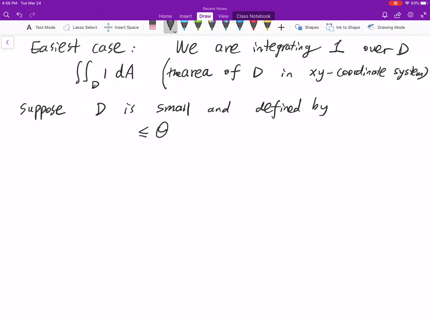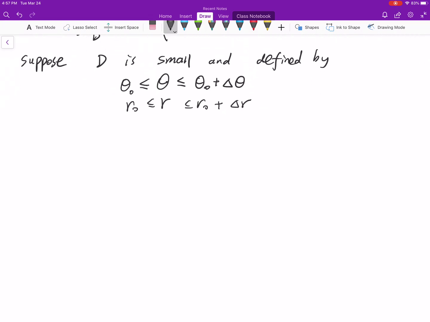Theta is between theta 0 and theta 0 plus delta theta. R is between R0 and R0 plus delta R. In other words, you may draw the picture like the following.